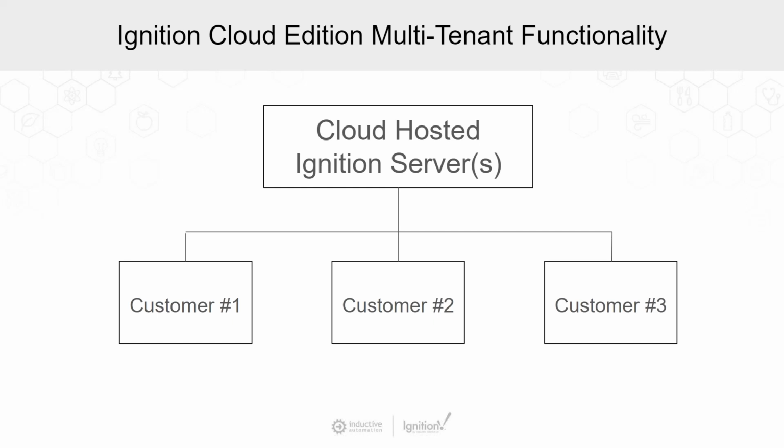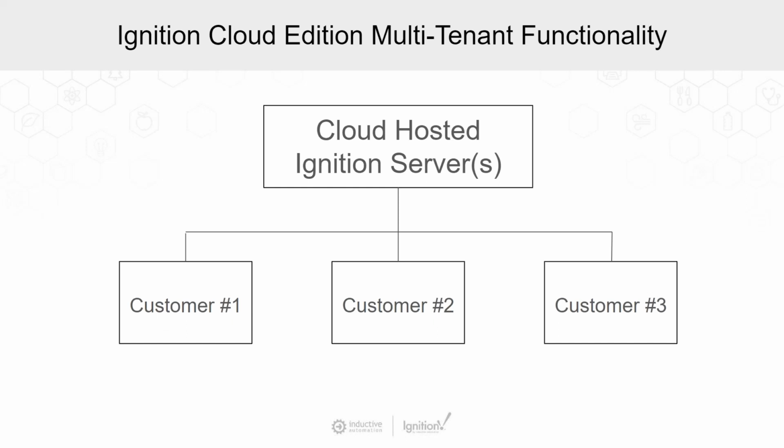What if I just built something in Ignition that was a generic irrigation tool, and then I had multiple customers connect to their equipment, bring all that data into one Ignition server or one Ignition architecture, and then allow these different customers all to log into that same system and run their own equipment.